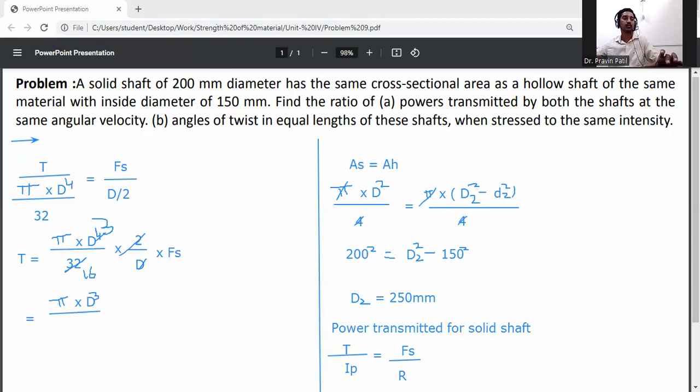Put all this value in: pi into d cube, which for this is 200 cube, divided by 16 into Fs.